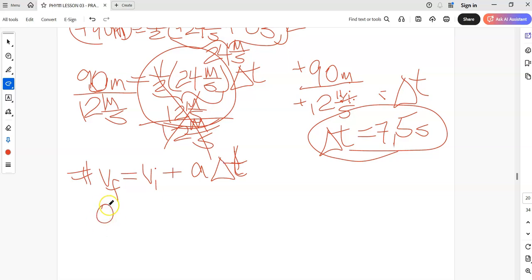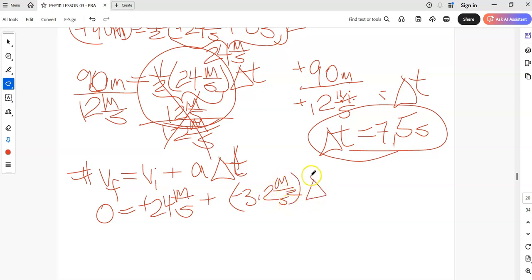Our final velocity is 0. That's easy enough. Our initial velocity is plus 24 meters per second. And then we have acceleration, which we know is negative 3.2 meters per second squared. That was in the problem. And then that's times delta t that we don't know.